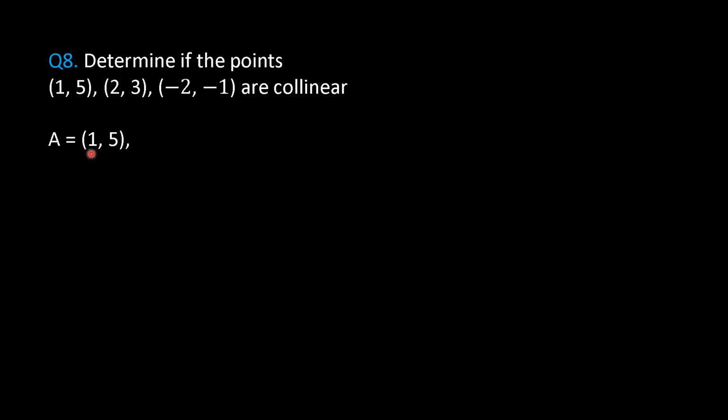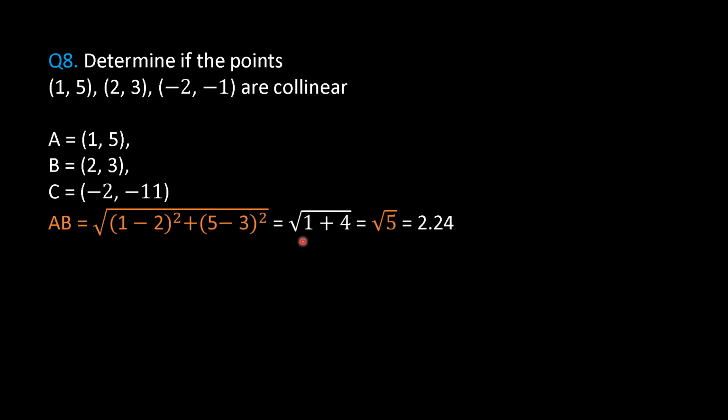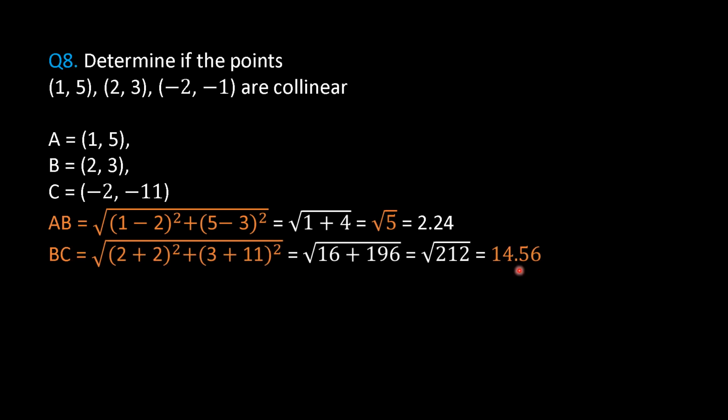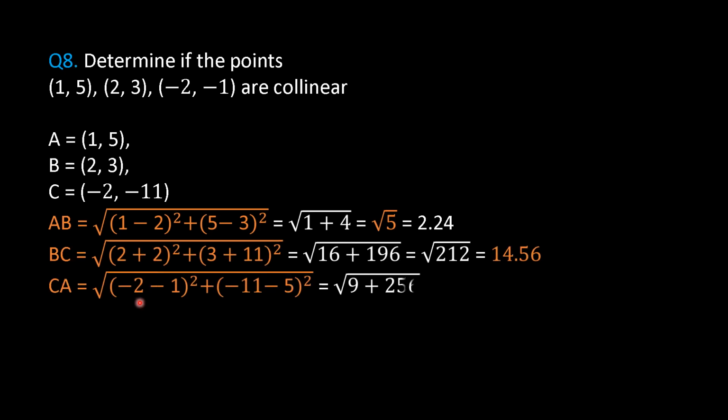In question number 8, we have to determine if the points (1, 5), (2, 3), (-2, -11) are collinear. We will first name these points. A is (1, 5), B is (2, 3), C is (-2, -11). By distance formula, we will find AB, which is 2.24, BC, which is 14.56, and CA, which is 16.28.